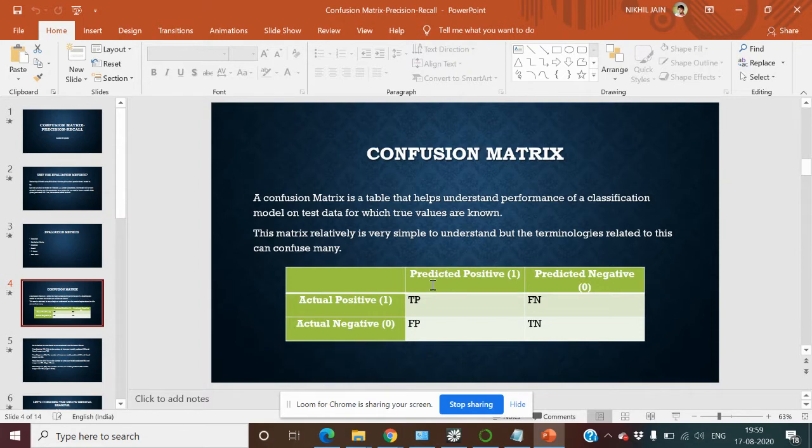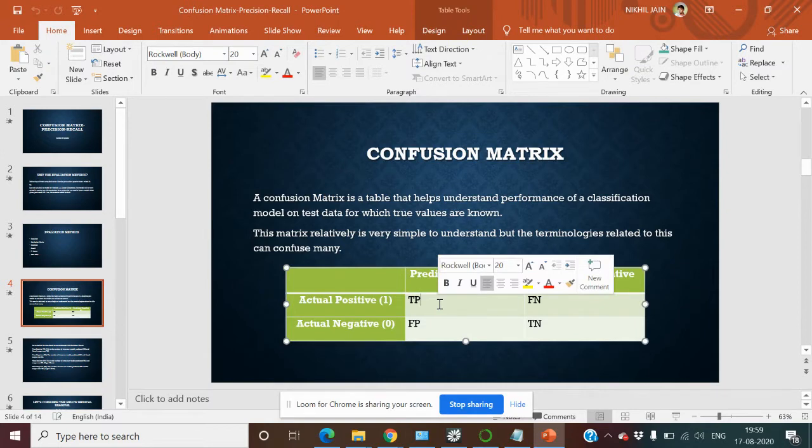So we see that we have two columns, predicted positive and predicted negative. These are the predicted output of the model. Then we have actual positive and actual negative. These are the true values which we already know. If the model has predicted positive and the actual was also positive, then we say true positive.